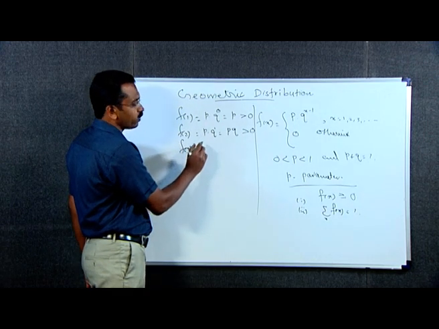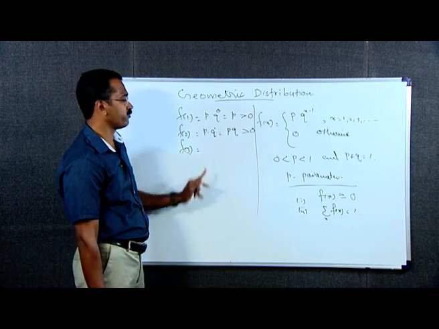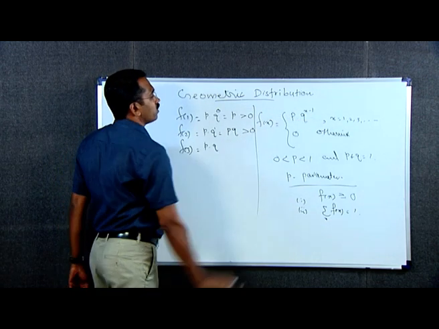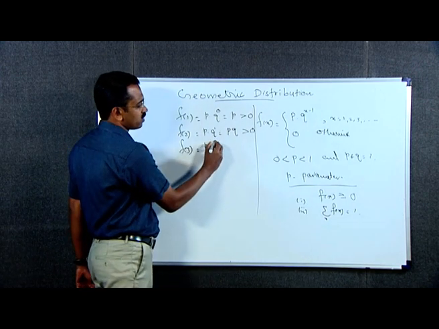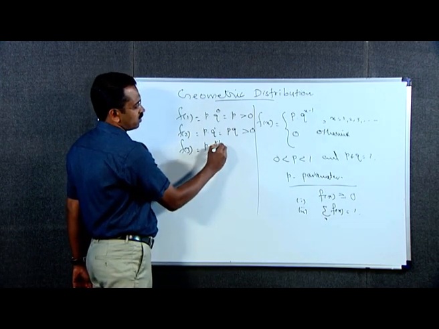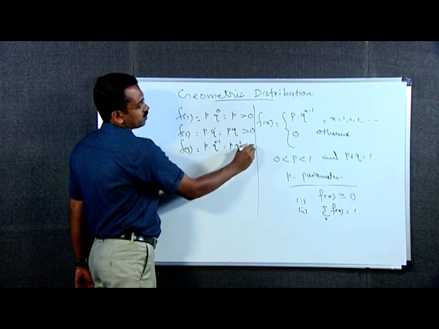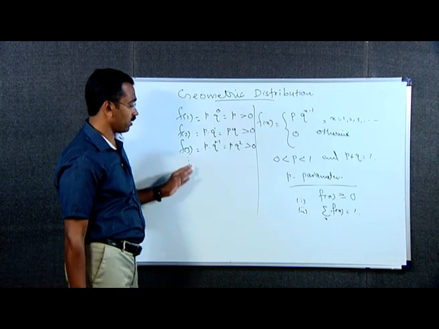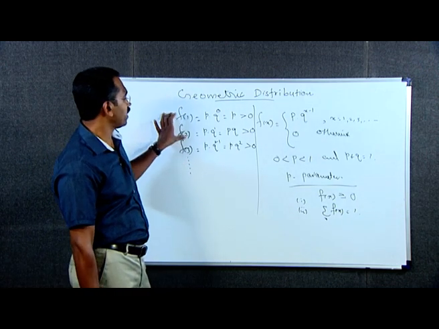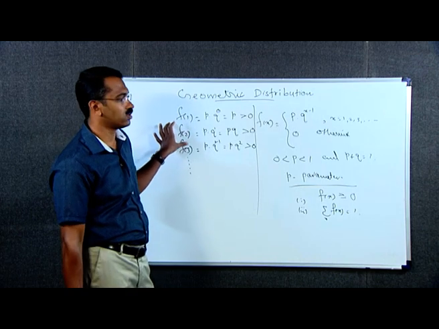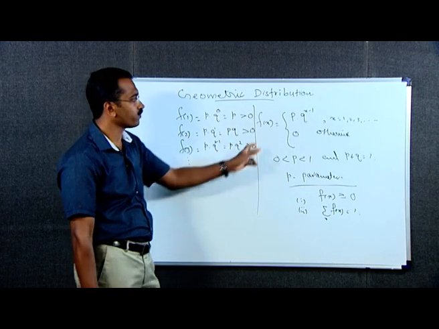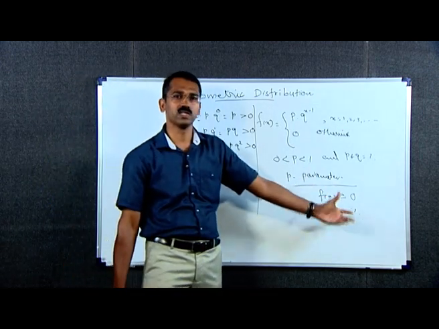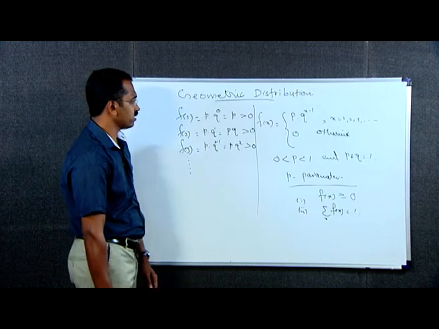If we put x equal to 3, we get f of 3 as p into q raised to 3 minus 1, that is p into q square, which is also greater than 0, and so on. Therefore, all the values are greater than or equal to 0 for x equal to 1, 2, 3, etc. Therefore, the first condition is satisfied.